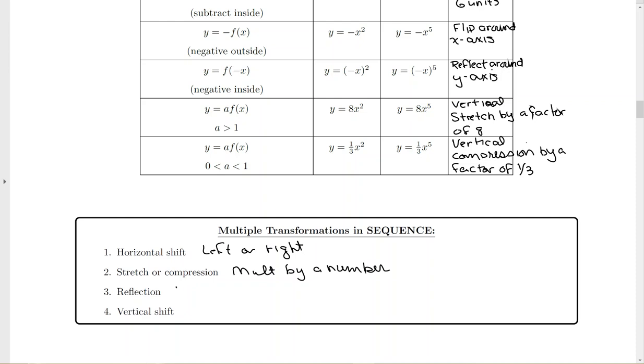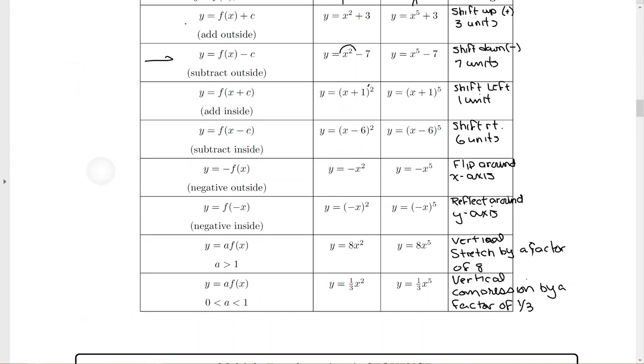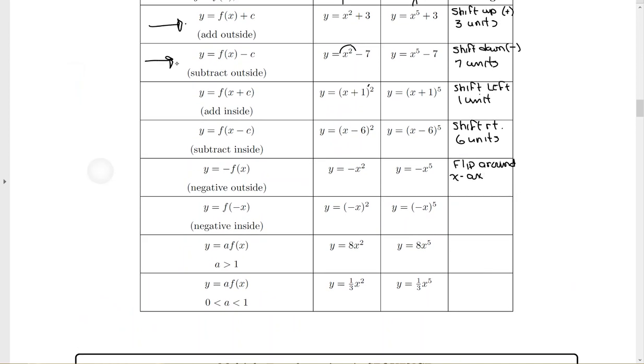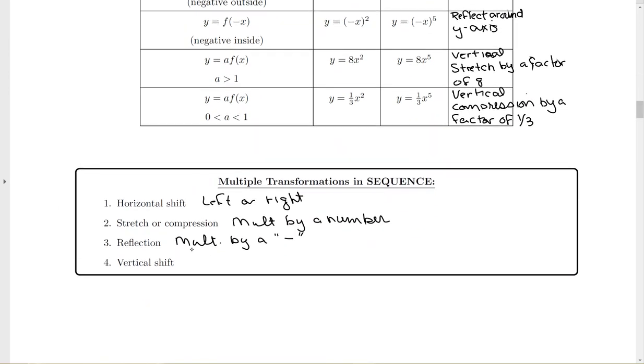Reflection, that's if I'm multiplying by a negative. And then the last thing we look at is, do you shift it up or down? That's outside the function, and that's what we were talking about here. Subtracting or adding outside the function is going to be a shift up or down. So that's our vertical shift.